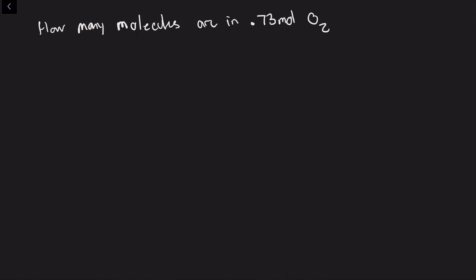So if we're trying to convert from moles to molecules, we're going to use Avogadro's number, which is 6.02 times 10 to the 23rd molecules. And again, this is for 1 mole of anything.